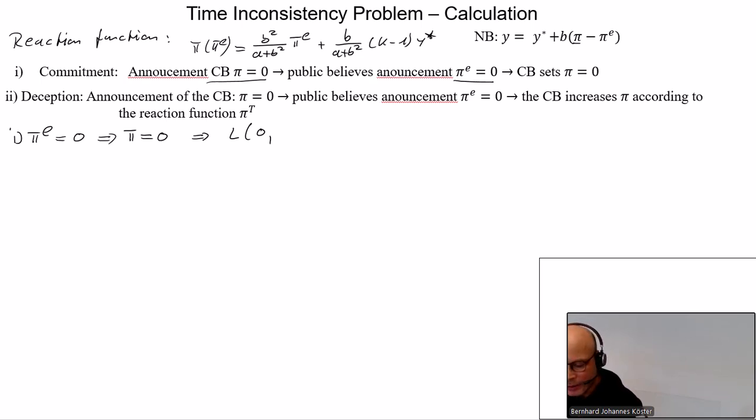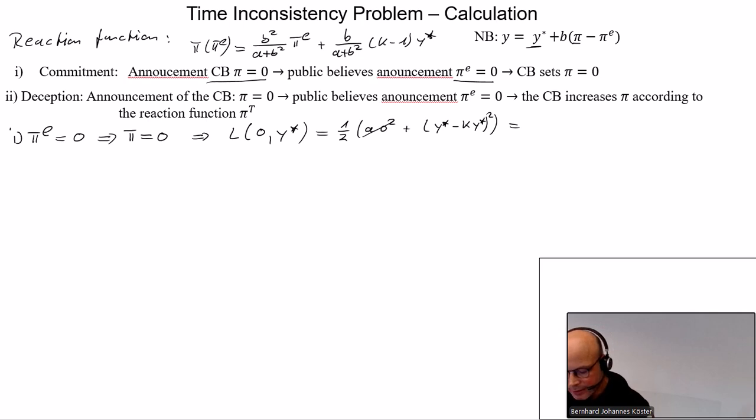And this would then be 1/2 times a times 0 squared plus y star minus k y star squared.